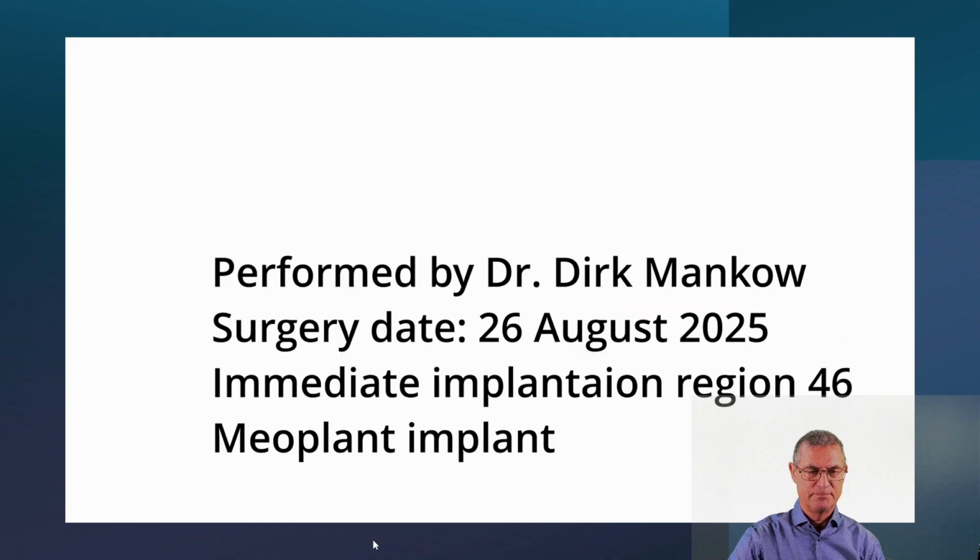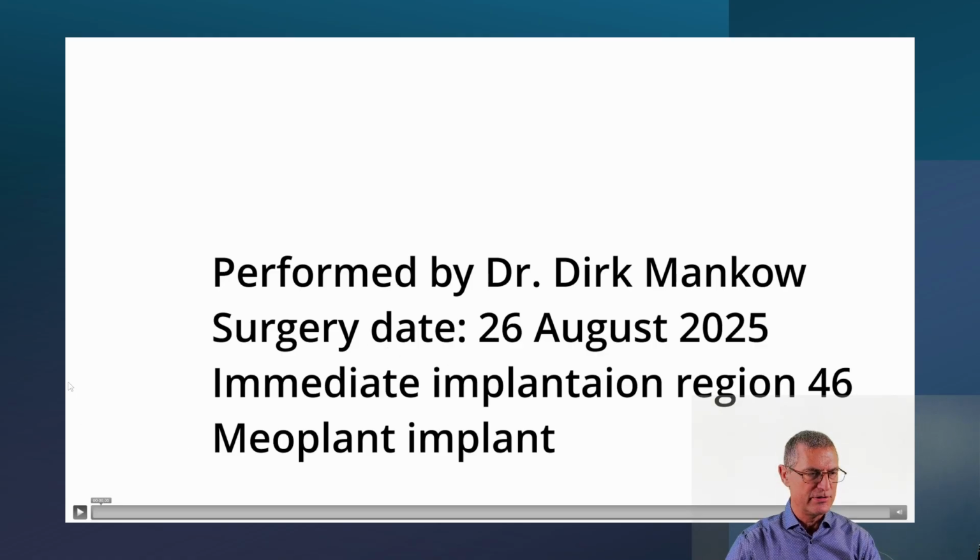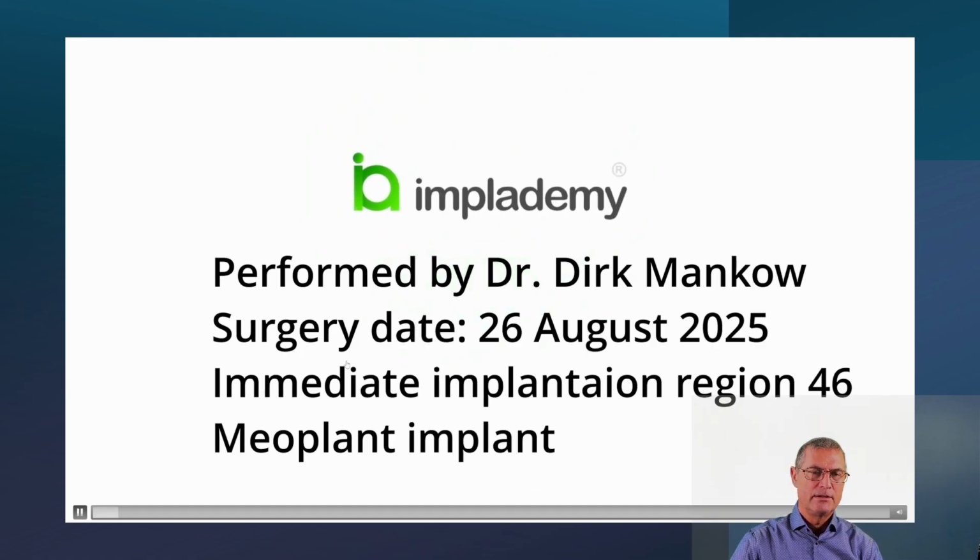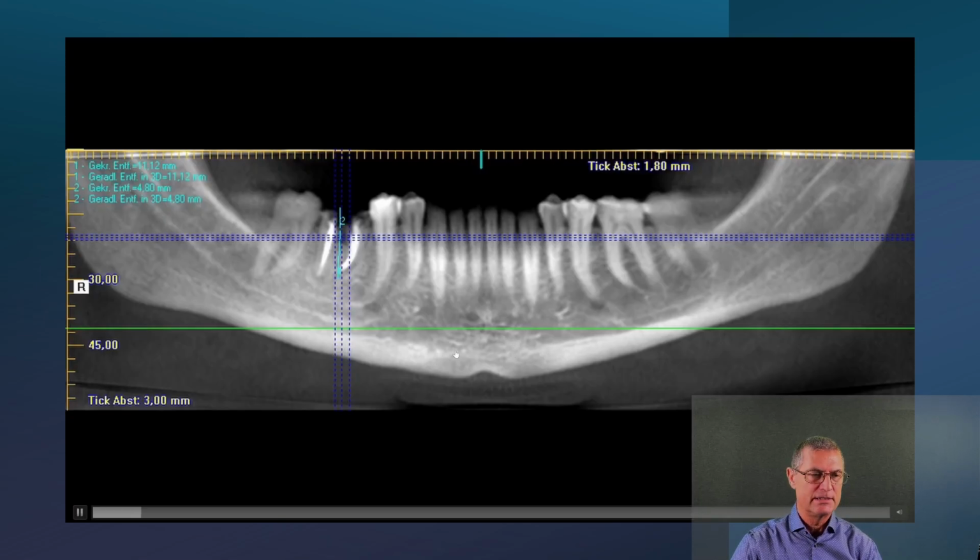and we need membranes. I think I have a little bit of time to show you only one more surgery, and then we are done for today. This is a small surgery in the lower jaw, tooth 4-6, first right molar. You can see here the X-ray.